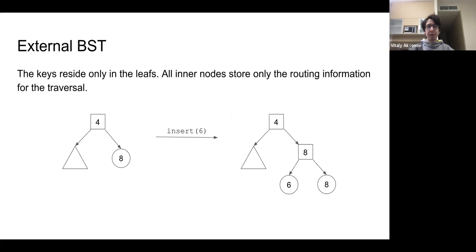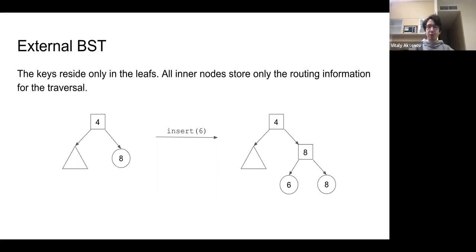So an external BST is a tree that stores the keys only in the leaves, and the other nodes inside are routing. For example, here we want to insert 6. We follow the routing node 4, and we find we should go to the right child.